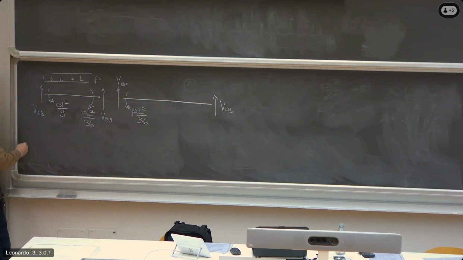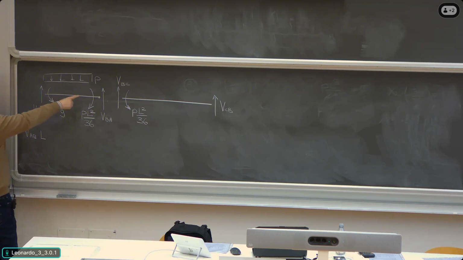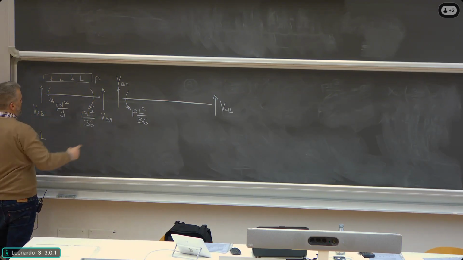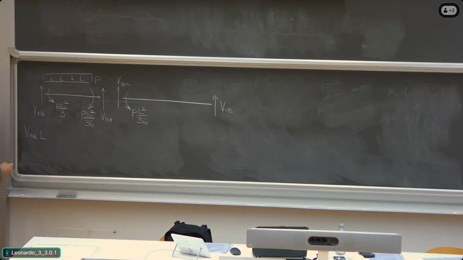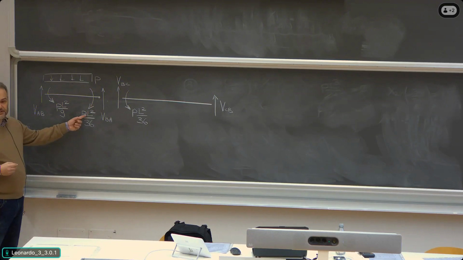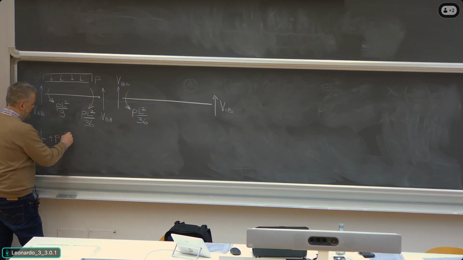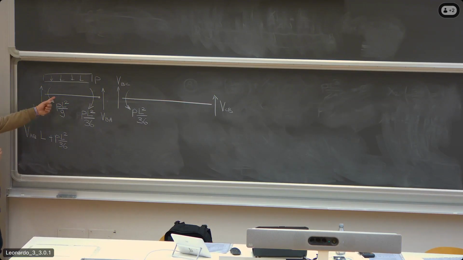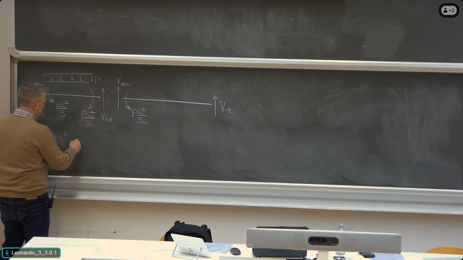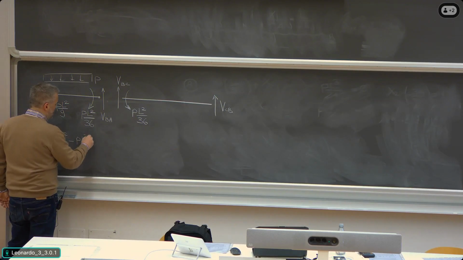What do we have? We have, of course, VAB times L, whose rotation with respect to point B is clockwise. Also clockwise is this one, as you see. It's like a clock, so plus PL squared divided by 36. Then this first moment, which is counterclockwise, minus PL squared divided by 9.